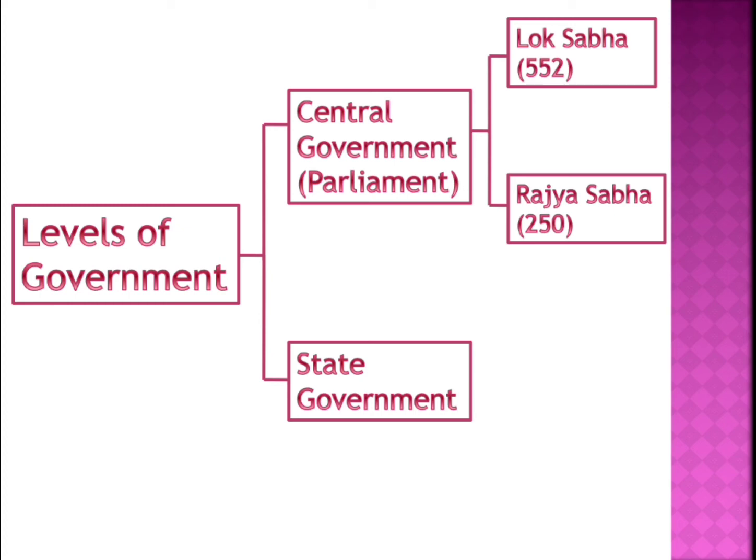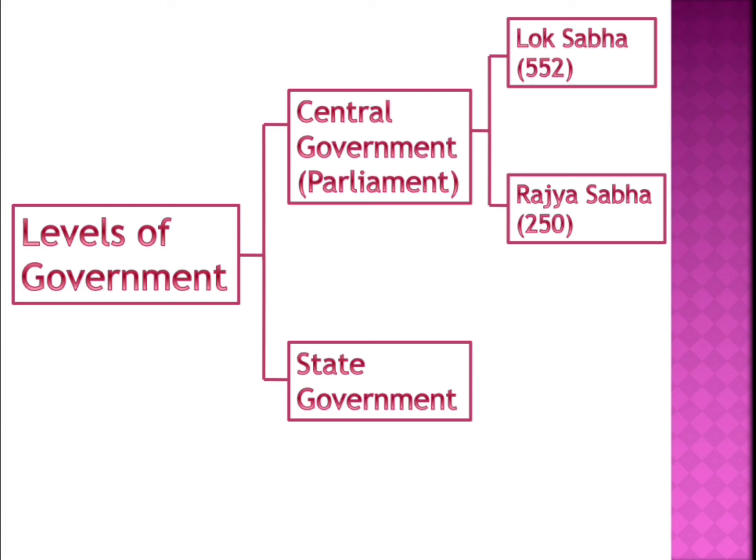That means they make sure that the law is followed by everyone in that state. And in India, children, most of the states have only one house, which is the legislative assembly. So there the laws are discussed.